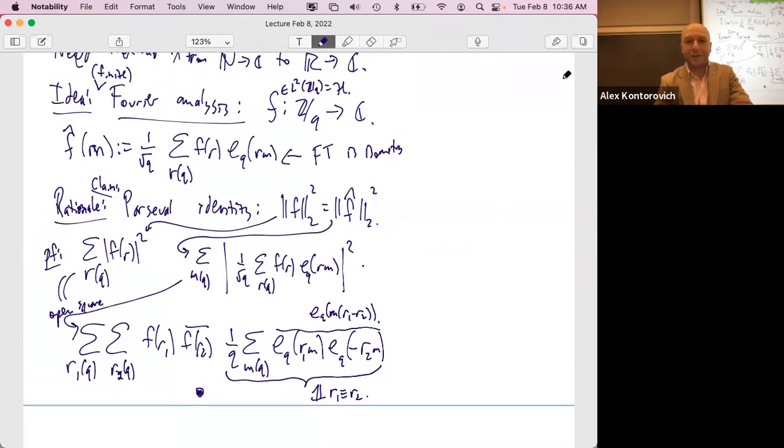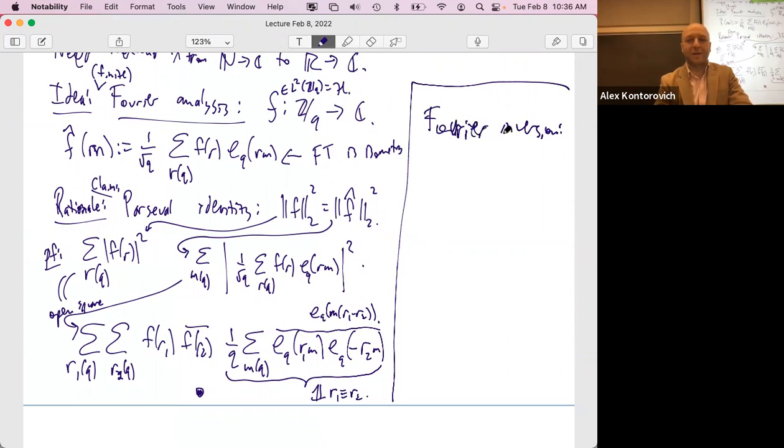What's the Fourier inversion? Is there a Fourier inversion? Is it an involution, or is it of order 4? In other words, I want to do the same Fourier transform but with a conjugate here.